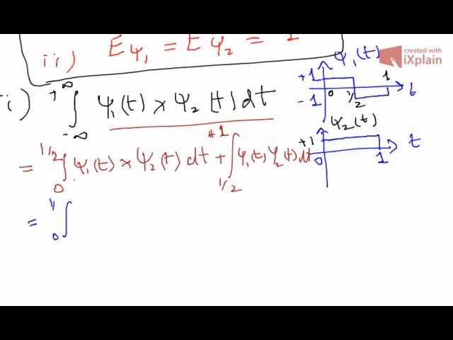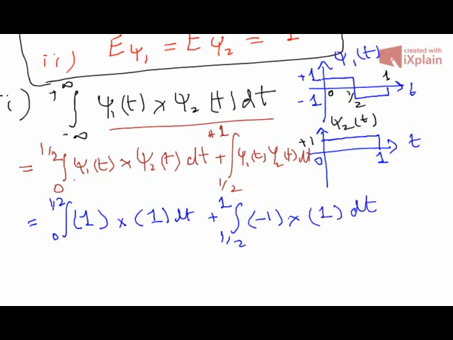So it's equal to the integral from 0 to half. Psi 1 in this range, if you observe it from the figure, is 1 from 0 to half, and psi 2 of t is also 1, dt. In the second integral, from half to 1, psi 1 of t is minus 1, and psi 2 of t is throughout 1, right?